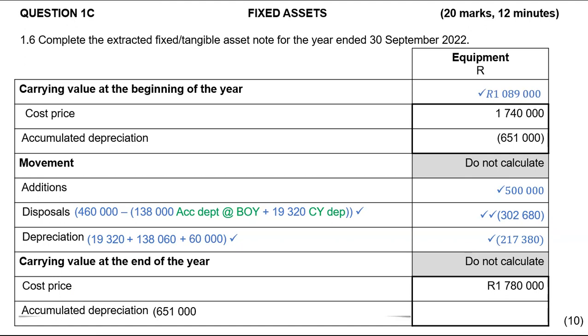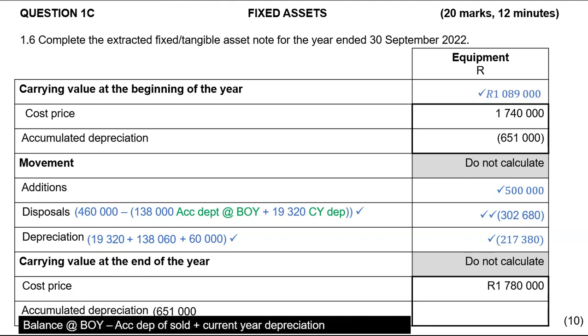And this is what you use to calculate accumulated depreciation at the end of the year. You take the accumulated depreciation balance at the beginning of the year, which was that 651,000. You minus accumulated depreciation of the assets sold, which was 157,330. And then you add current year depreciation, which is that 217,380.